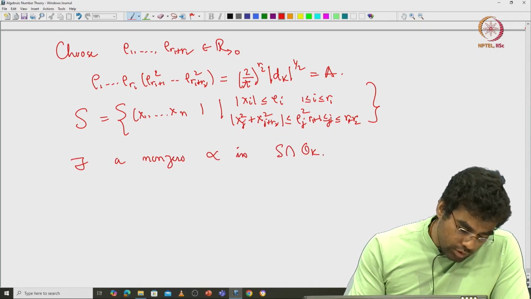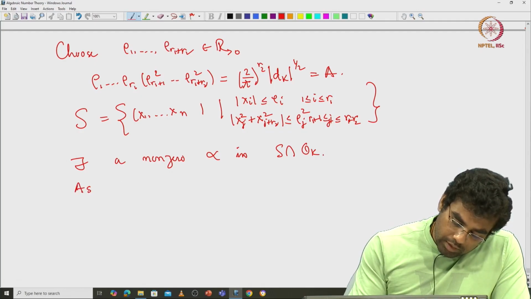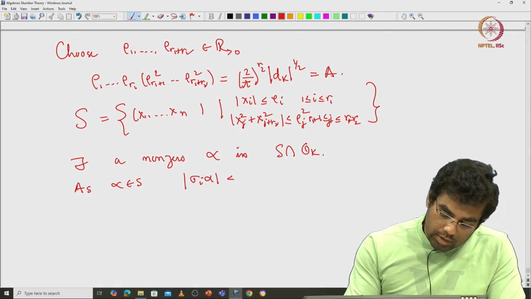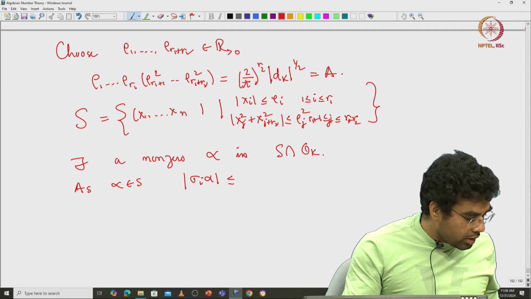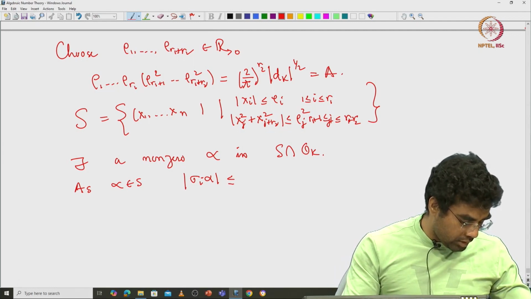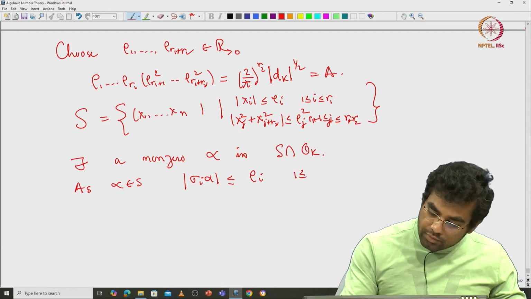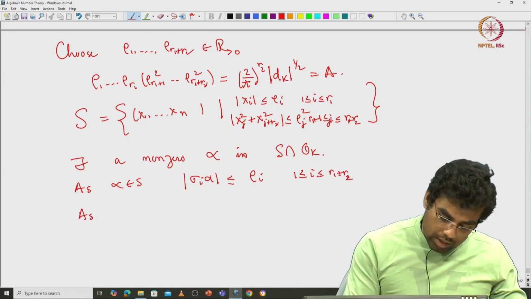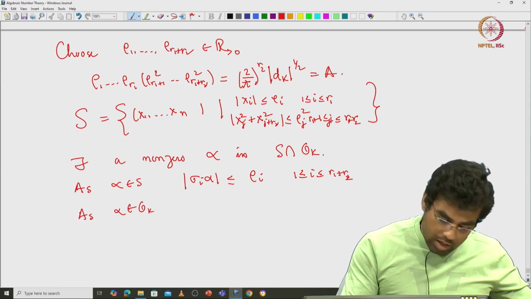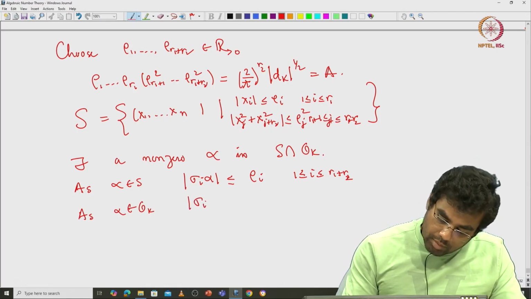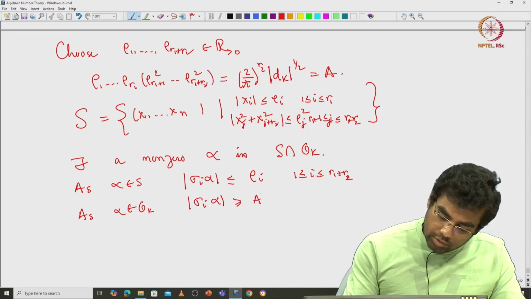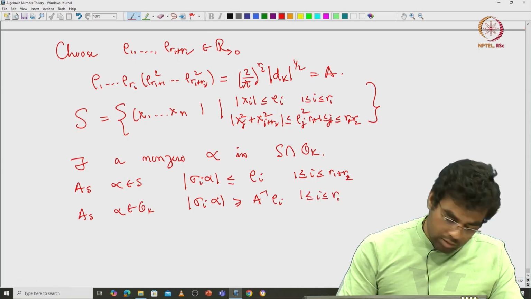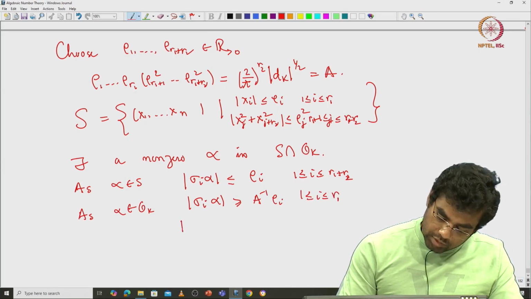Using the fact that alpha is in S, we get that mod of sigma i alpha is less than or equal to rho i for all i between 1 and r1 plus r2, and as alpha belongs to O_K, we get that mod of sigma i alpha is bigger than or equal to A inverse rho i, but here we have to take this dichotomy into picture, because there are complex places.